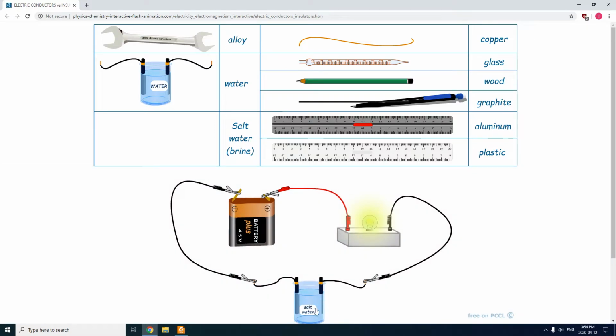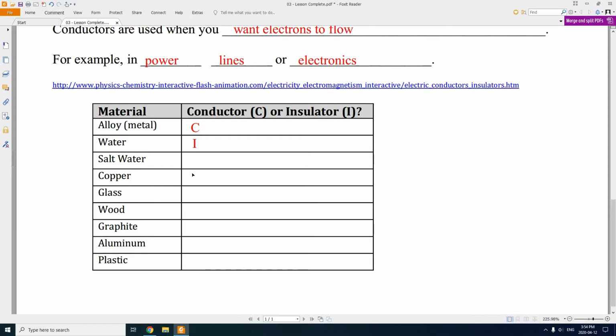And in this case, salt water is a conductor. So electrons can move through salt water. Salt water is a conductor. And that's why you want to keep things like your hair dryer away from your bathtub, because the water that comes out of your taps is a conductor, and if you dropped it in, electrons could move through the water.